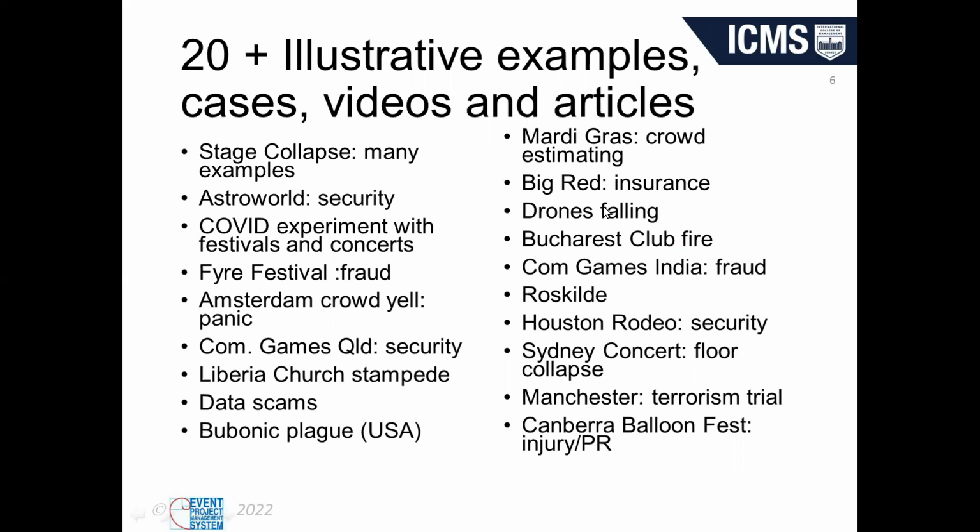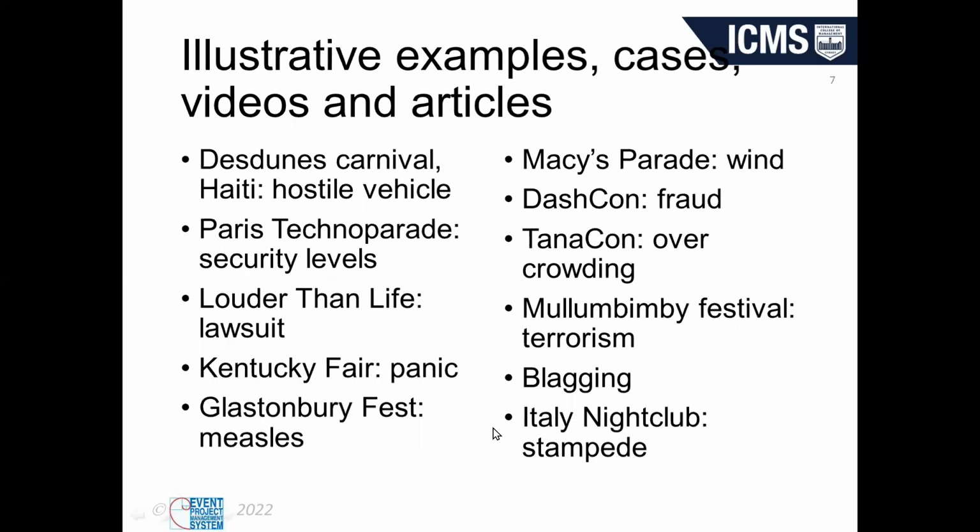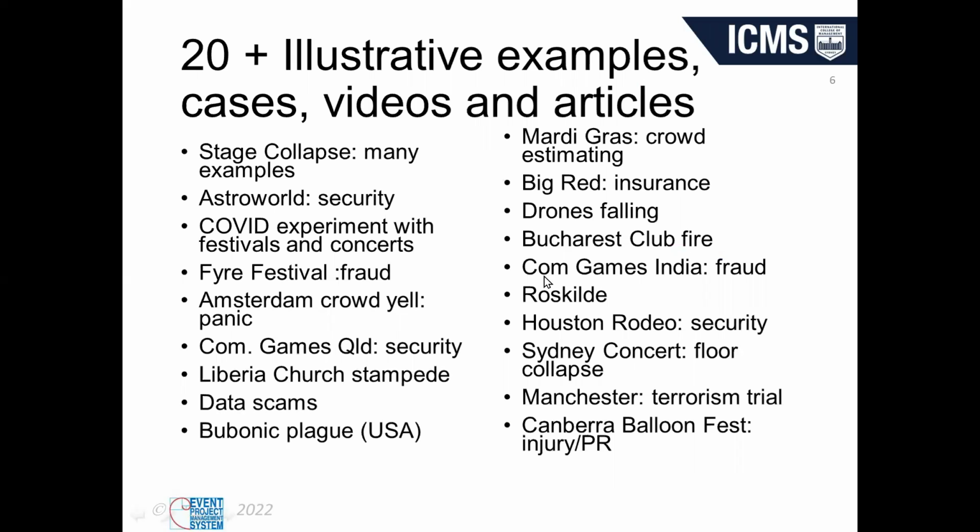These are contemporary ones that I actually know about, like the Balloon Festival one. Then there's even more. There were videos that I showed you, and of course, the Techno Parade, where I showed you the security levels that were happening there. And the various stampedes, and never forget the Bucharest club fire that brought down the government of Romania. That was a big risk.